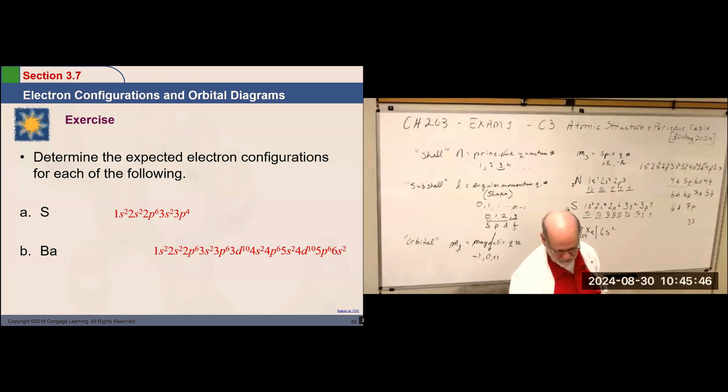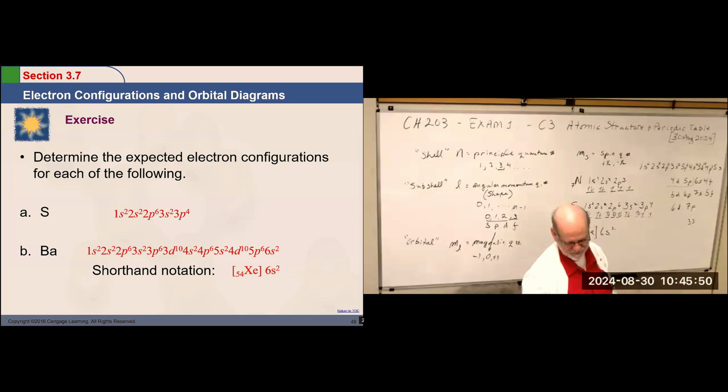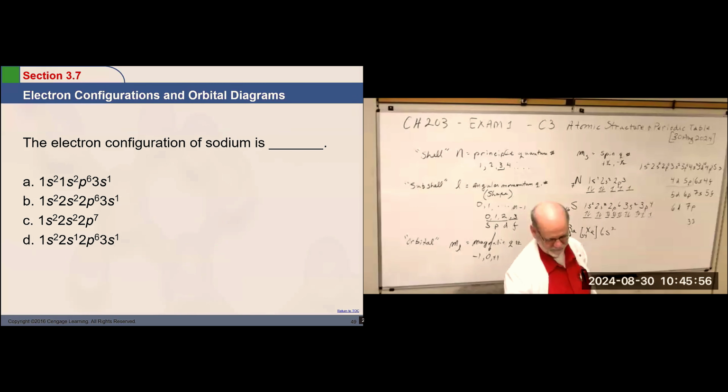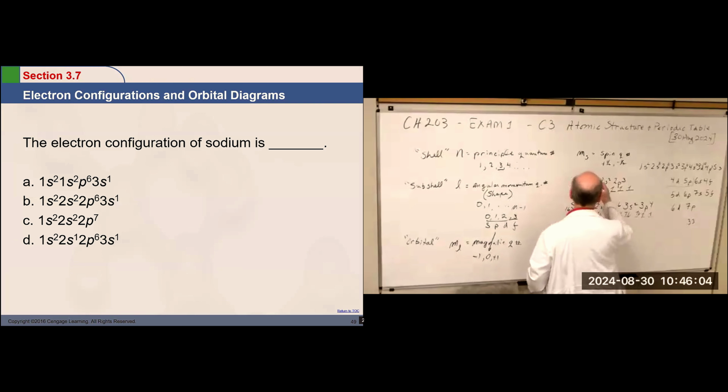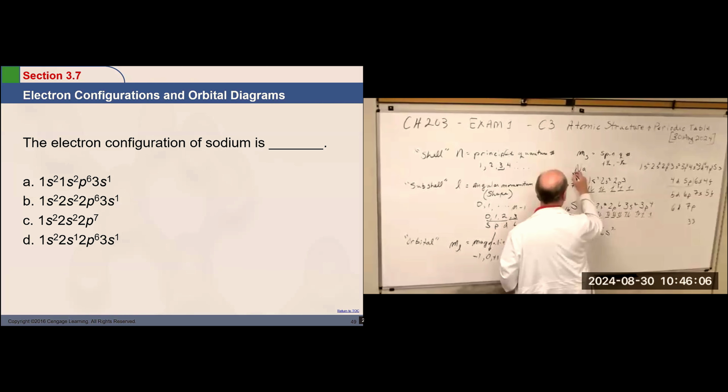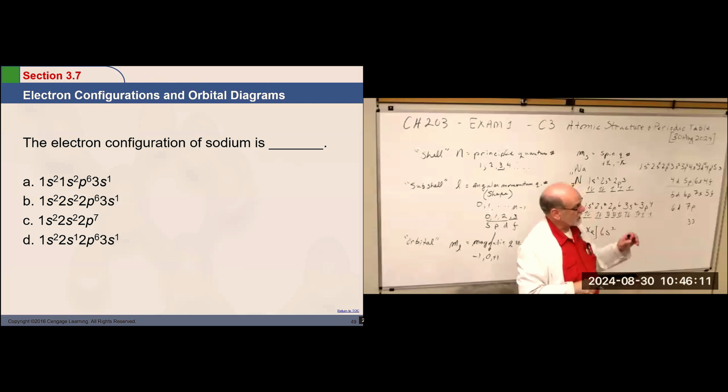Okay, so barium should be, well, there it is, and then the abbreviated form. So the electronic configuration of sodium, let's see, where's sodium? There it is, 11. Sodium has 11. Sodium is going to have 1s, 2s, 2p, all filled.